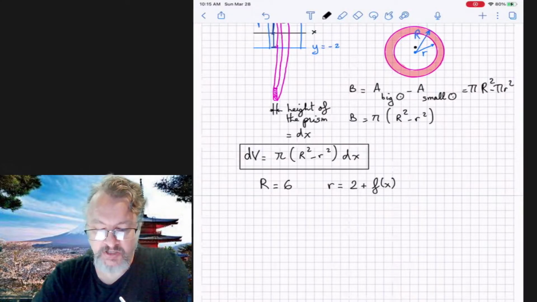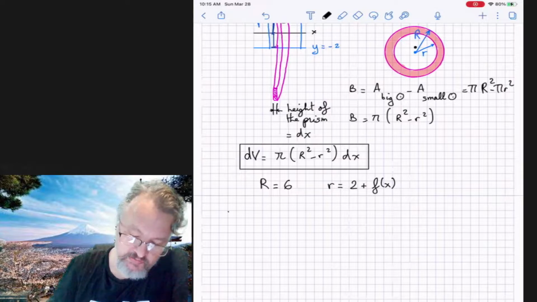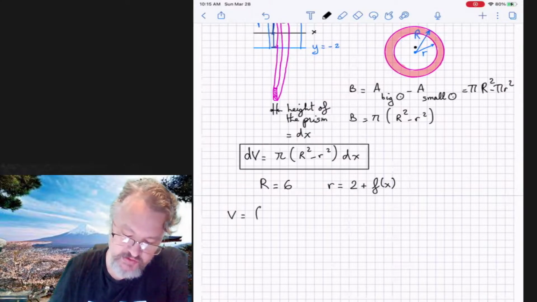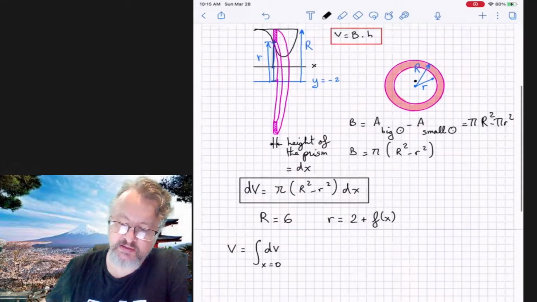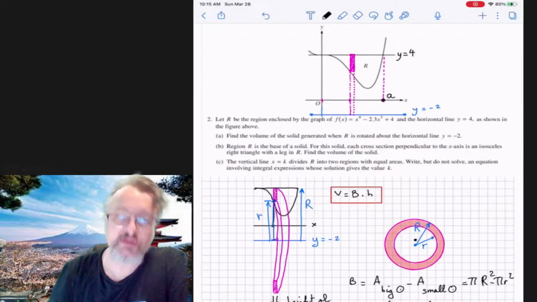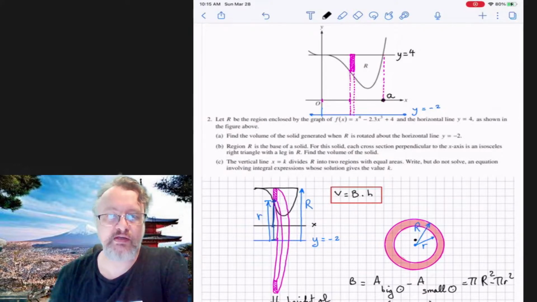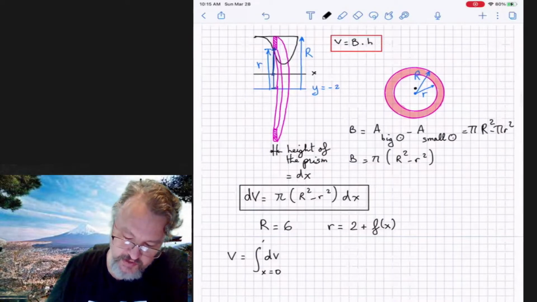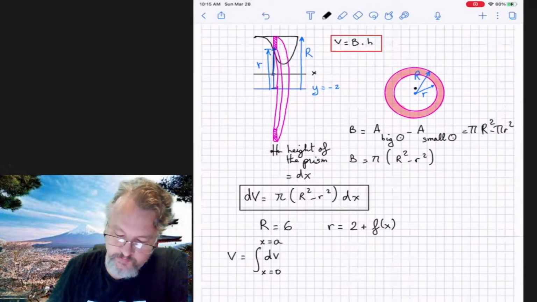Okay, which means that V, our volume of revolution, is going to be the sum of all the dV's as x varies between 0 and that value right here on the picture that we have not defined yet. I'm going to call it lowercase a for now. So from x equals 0 to x equals a.